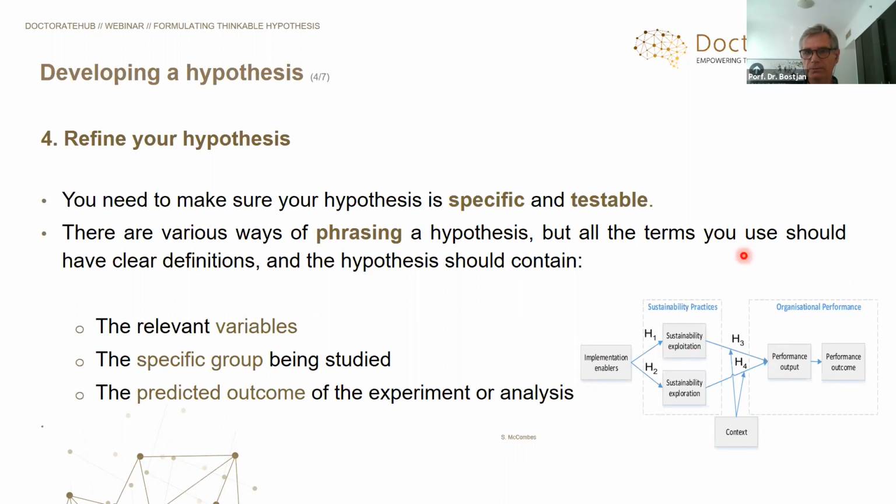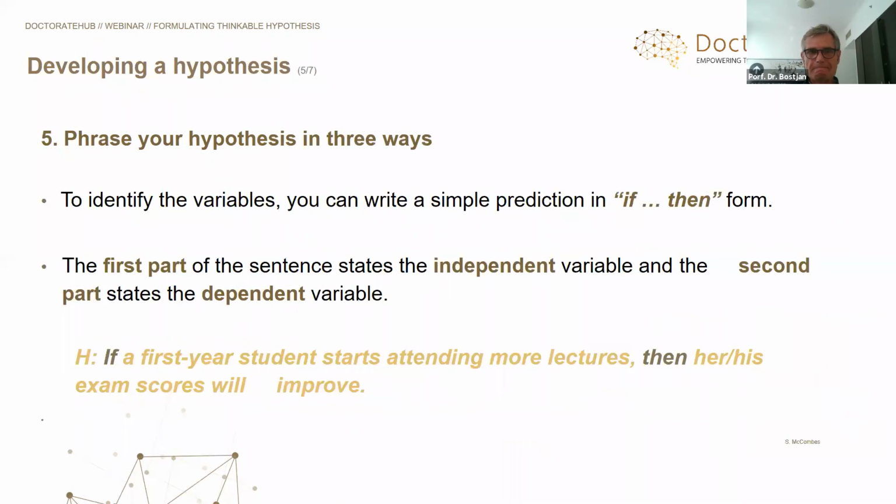Or, as I mentioned before, we could say sustainability exploration practices are significantly and positively influencing the performance output, for example. Okay. Then the next stage is how you finally phrase your hypothesis. And usually we write them in three general ways.